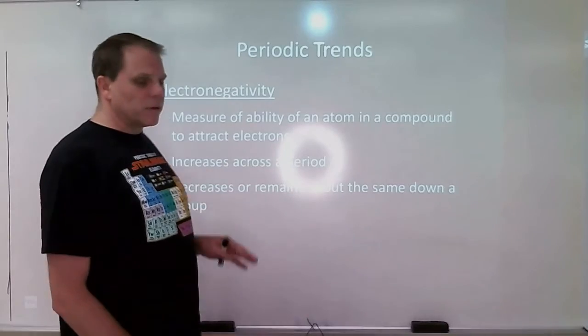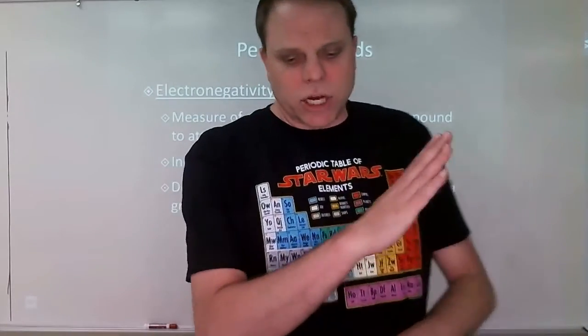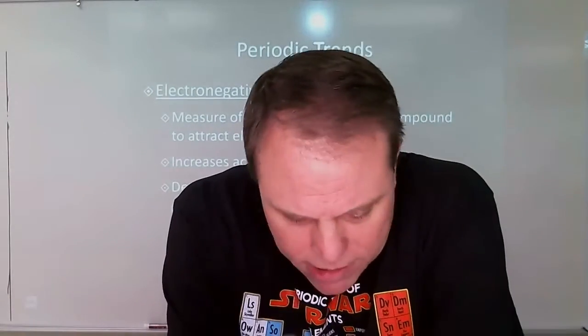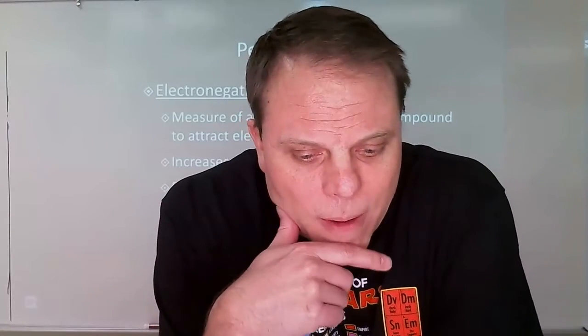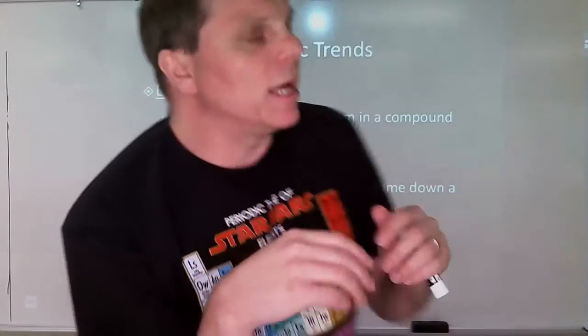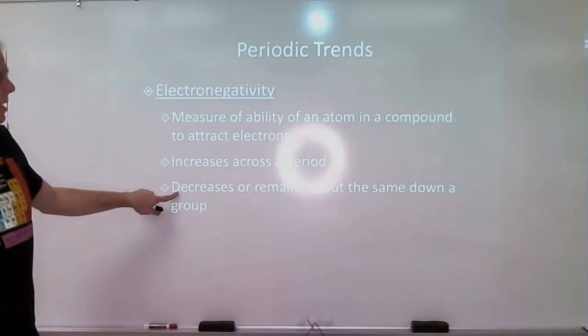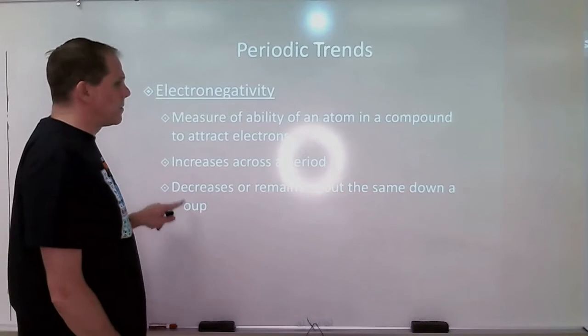And again, this has to do with the effective nuclear charge. Notice how it's changing as you go left to right, and how as you go down, it doesn't change as much. The effective nuclear charge is about the same. And so in a group, it's not having a whole lot of extra attraction as you're going down. In fact, it's going to get a little bit further away, and I'll talk to you about that here in a second.